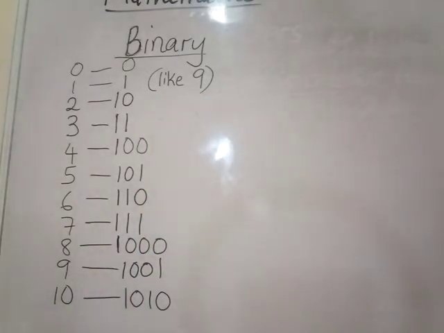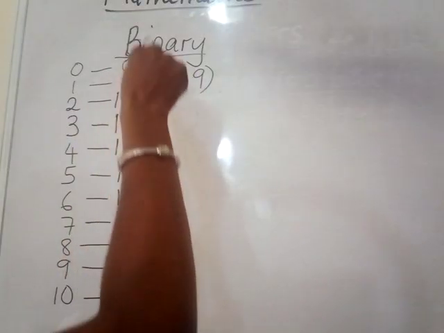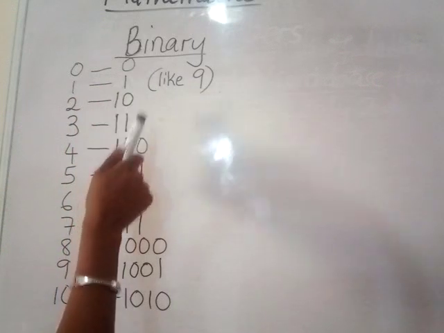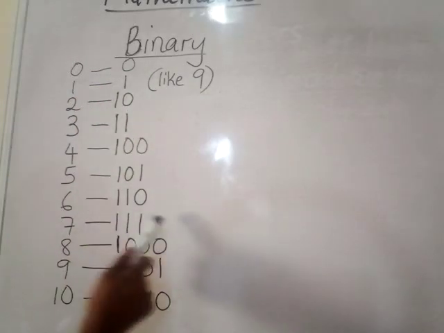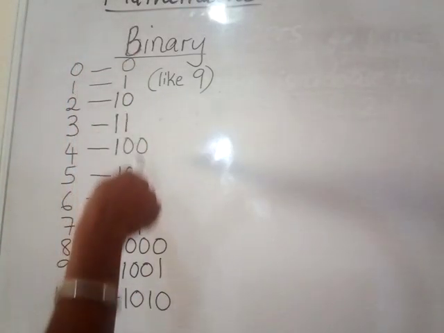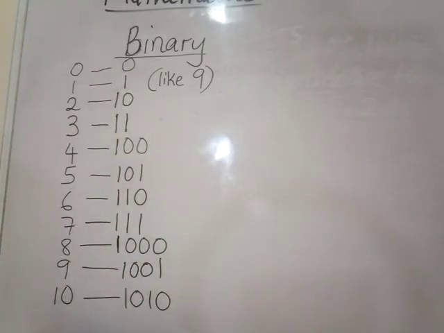Now, if you look at what we have here, all the odd numbers end in 1. Like number 1, it's just 1. Number 3 ends in 1. Number 5 ends in 1. Number 7 ends in 1. Number 9 ends in 1. While all the even numbers end in 0.